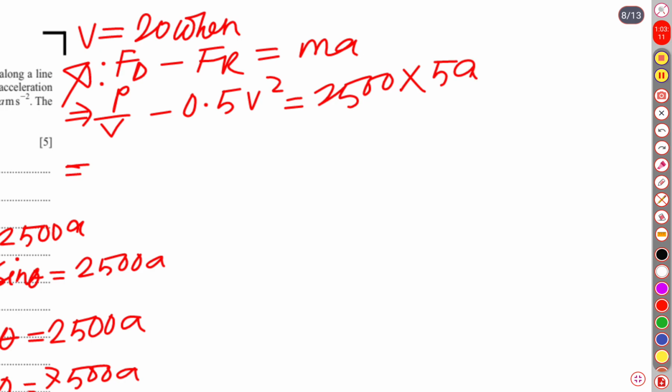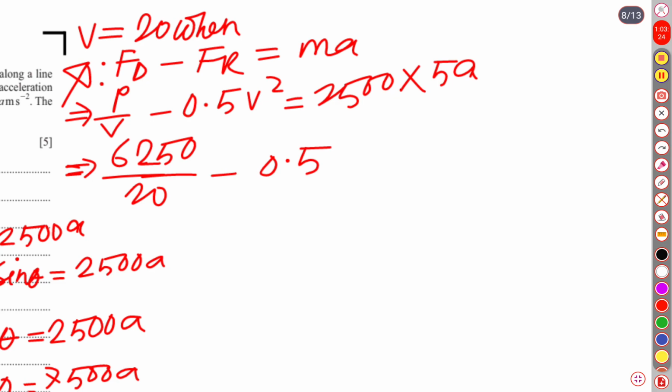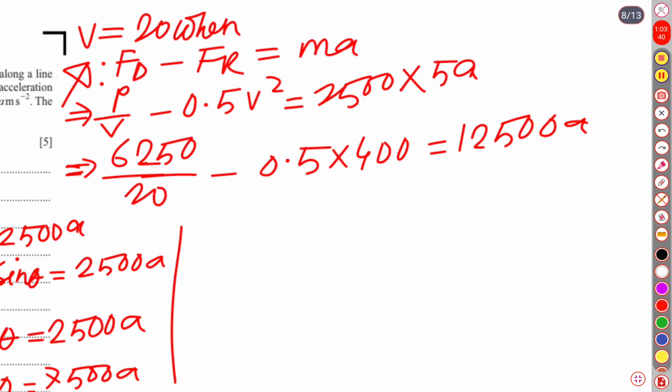And power is as usual 6250 over velocity is 20 minus 0.5, as velocity is 20, it is going to be 400. And 25 times 5 is 12500, acceleration. Or if we divide it, it is going to be 3125.